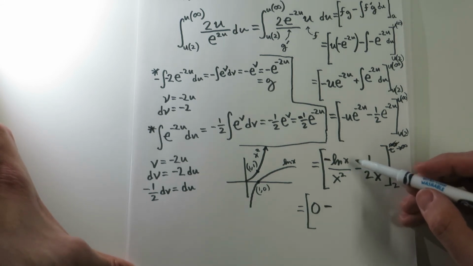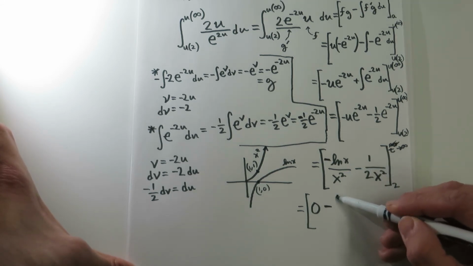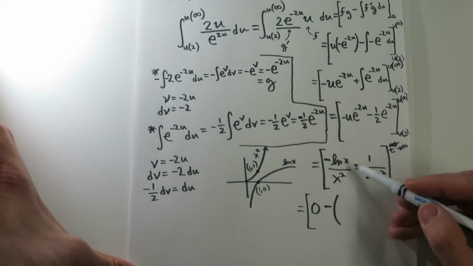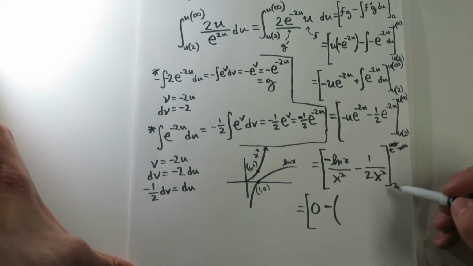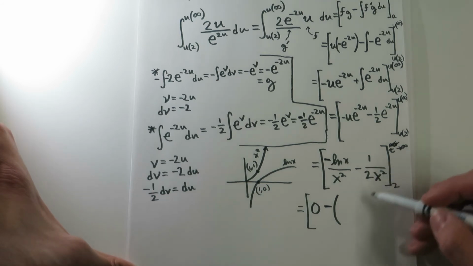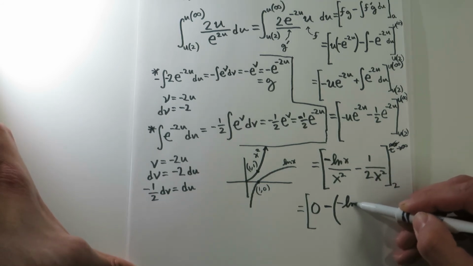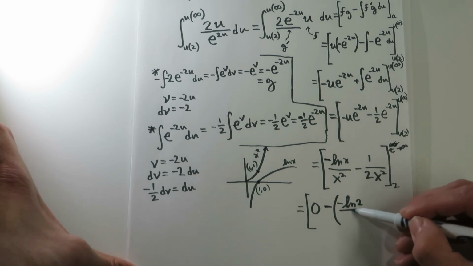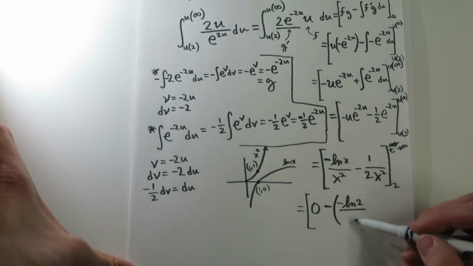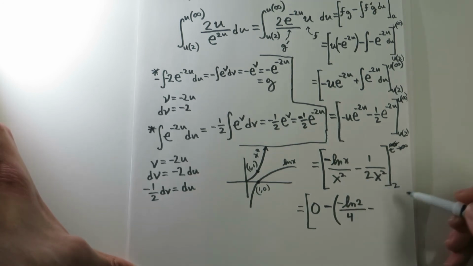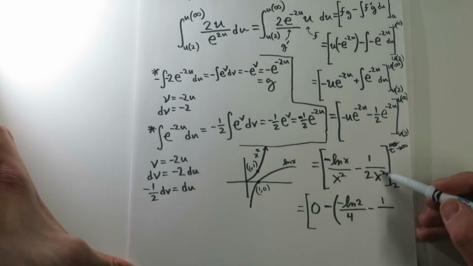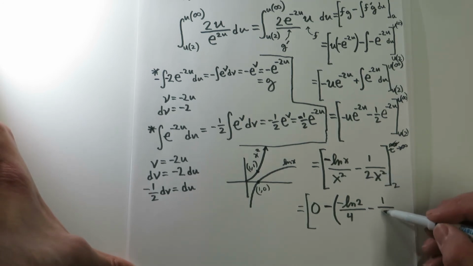So this is just going to be, put this whole thing in brackets so we can keep our negative terms straight here: negative ln of 2 over 2 squared, which is just 4, minus 1 over 2 times 2 squared, which is 4. 2 times 4 is 8.